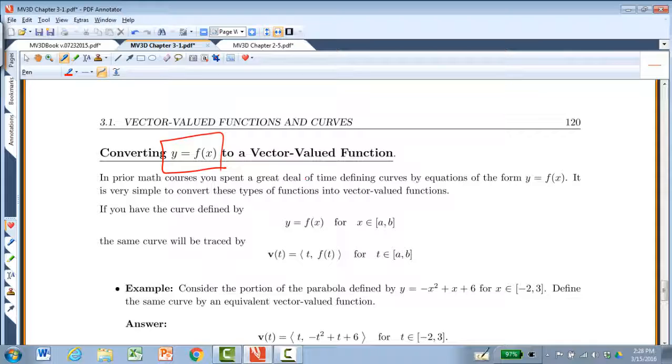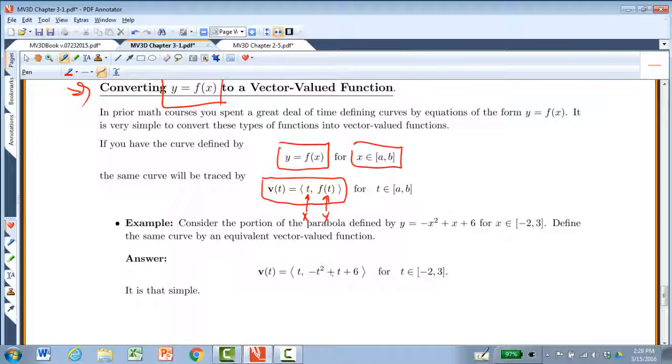And what this last page here tells us is that it's actually really quite easy. If you like y equals f of x, you can create the vector valued function for that very simply. If you have some function y equals f of x, and x is on some domain, then you just create the vector valued function where x is t and y is f of t. And that's going to sketch out the exact same curve.